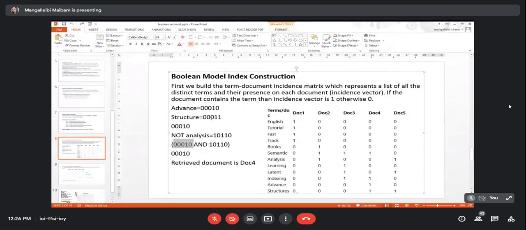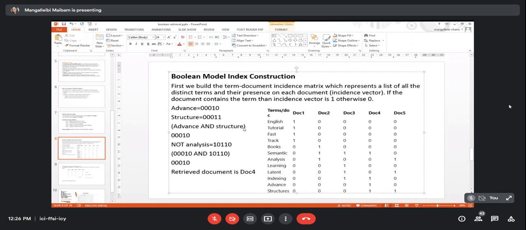And for structure, it is 00011. So for advance and structure, the result is 0010.